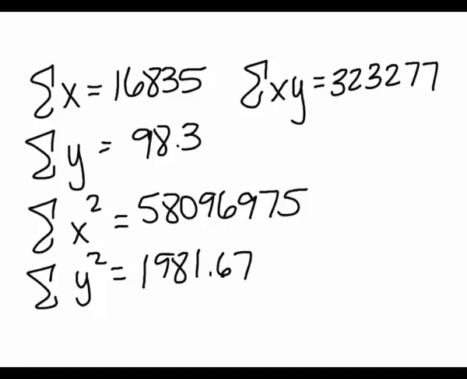My sum of x was 16,835, my sum of y was 98.3, my sum of x squared is huge, 58,096,975. My sum of y squared was 1981.67, and my sum of xy was 323,277. So write those down, and then I'm going to write down the R value formula, and then we'll substitute in the values.